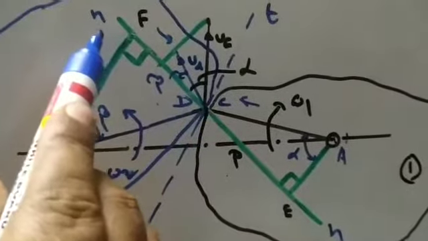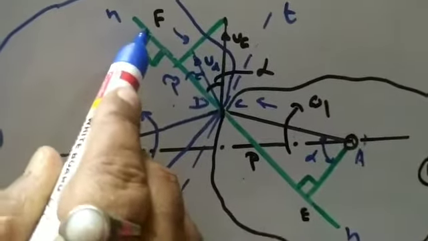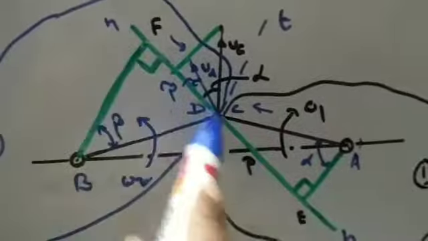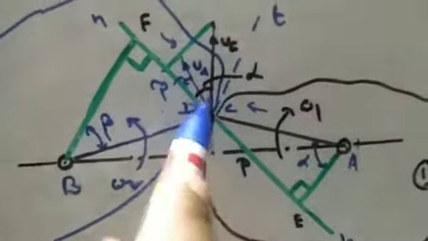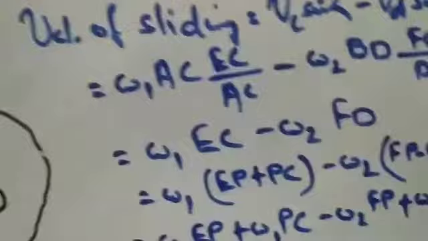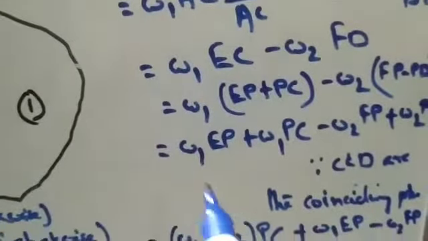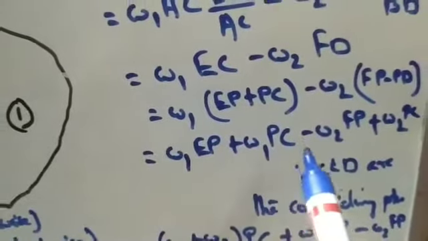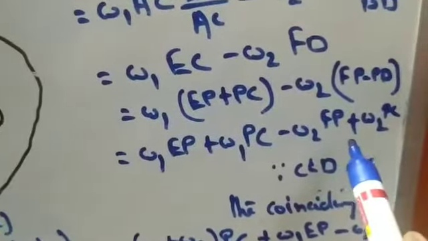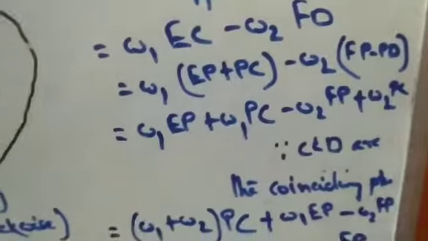So we write omega 1 into EP minus omega 1 into PC minus omega 2 into FP plus omega 2 into PD.